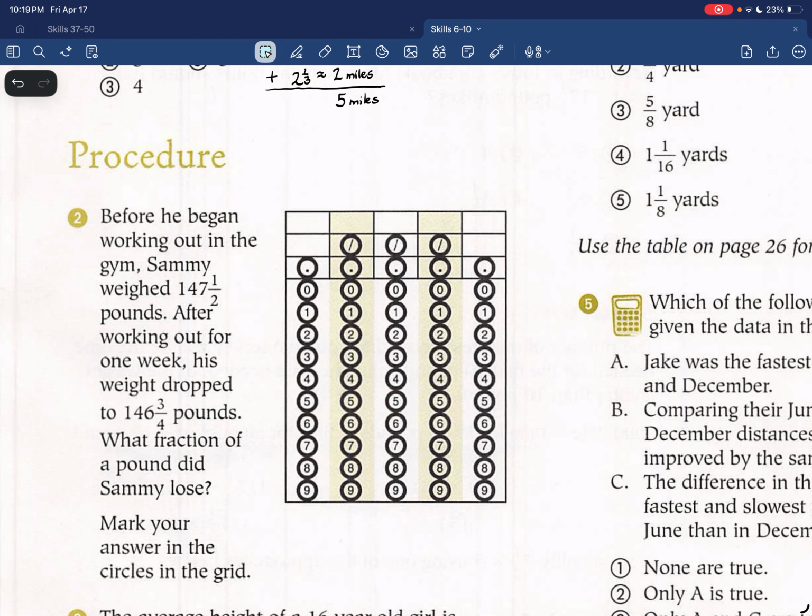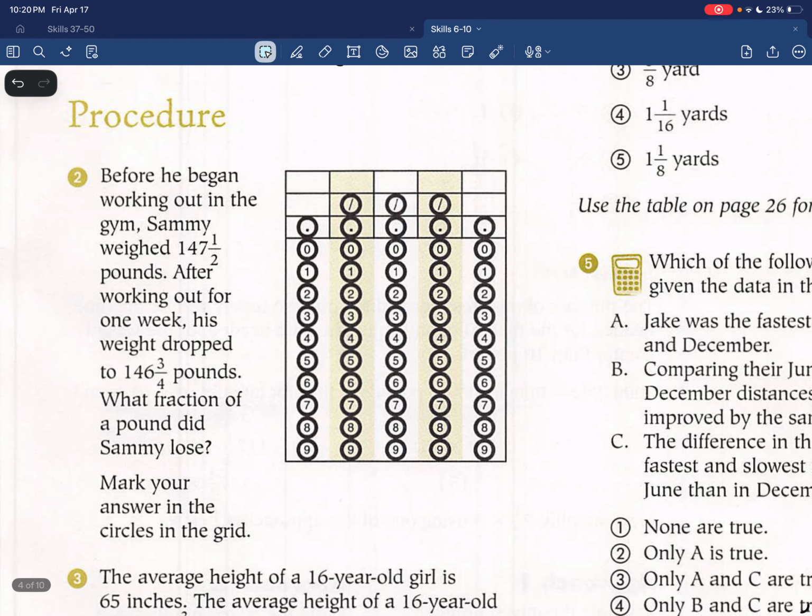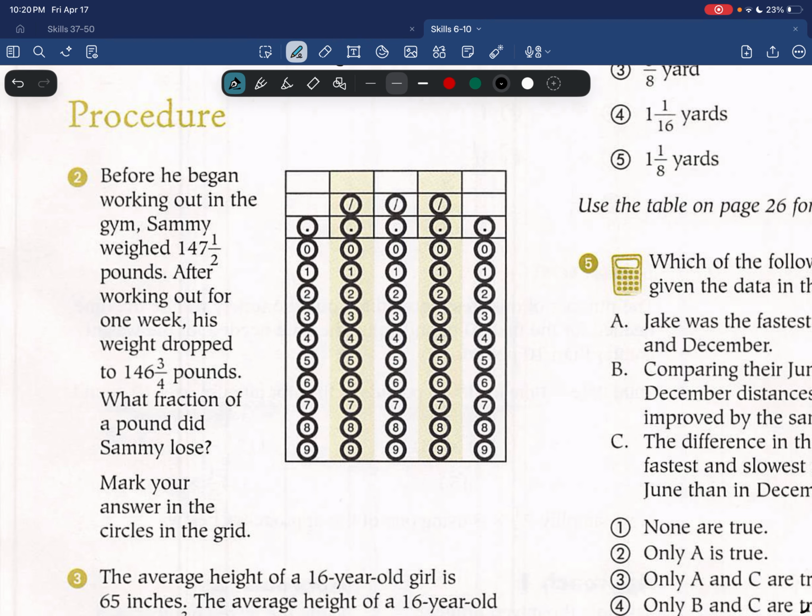Before he began working out in the gym, Sammy weighed 147.5 pounds. After working out for 1 week, his weight dropped to 146 3/4 pounds. What fraction of a pound did Sammy lose? Well, you know what I would do, but let me just show you what I would do. I would say 147.5.